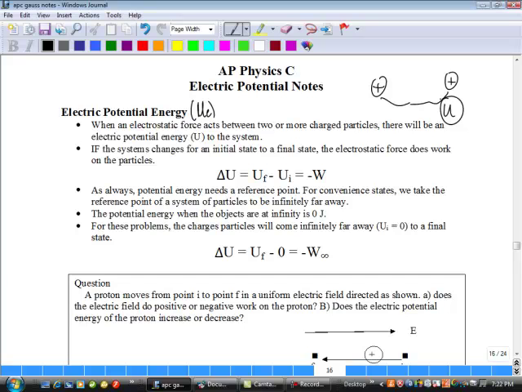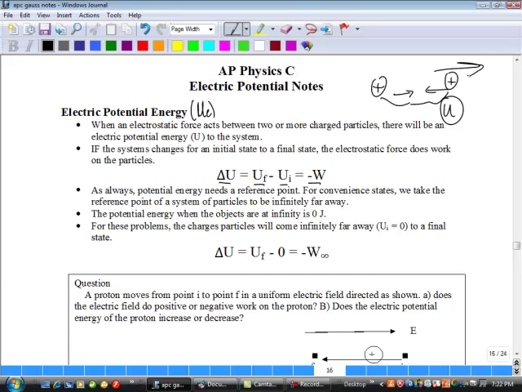If the system changes from an initial to a final state, then work is done on that particle. And so my change in potential energy from my initial to my final state is going to be my negative work. The negative work has to do with the direction of that occurring, because if we bring these closer together, they're going to have some potential energy between them, and the work is going to be in the opposite direction.